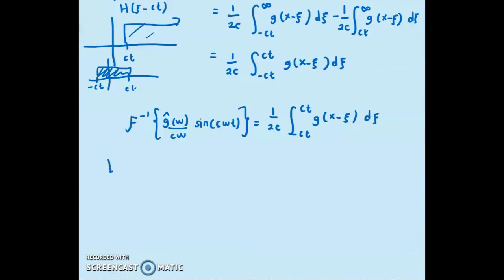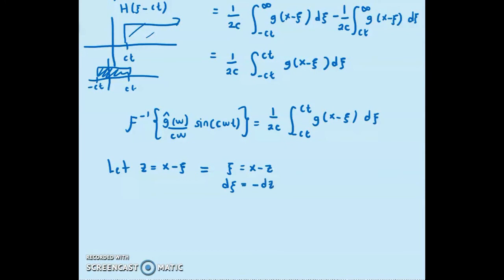Now let z equal x minus psi, such that psi will be x minus z, so d psi will be minus dz.